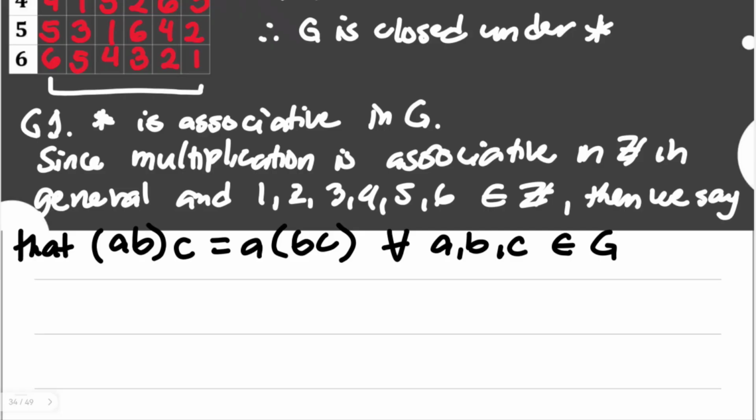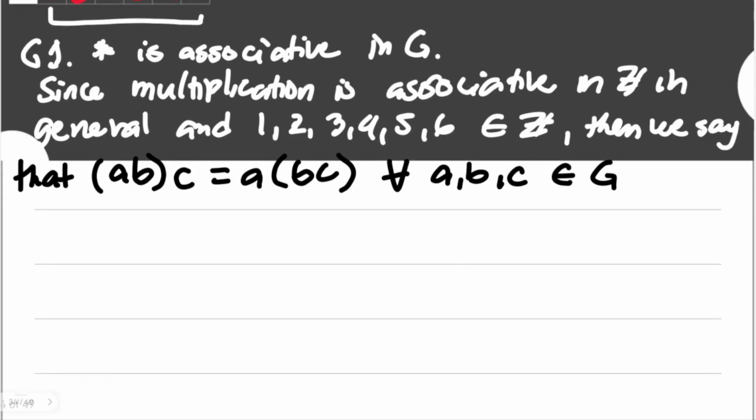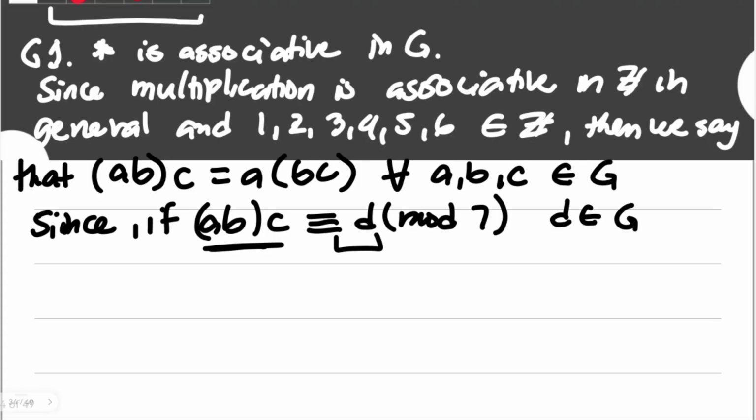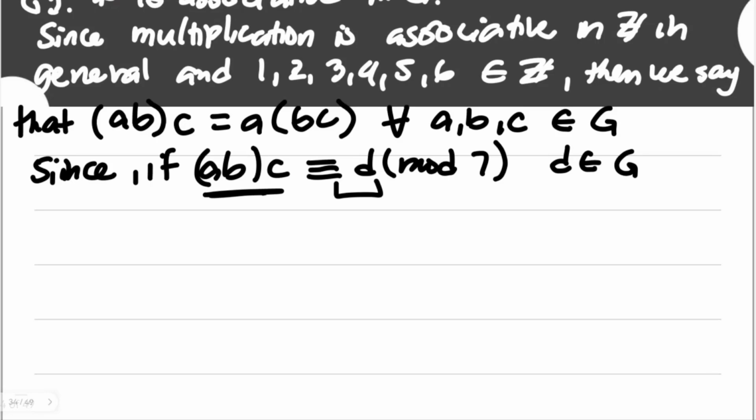So what can we draw from this, once we are sure that usual multiplication is associative, in connection to our operation in the next part? If we are going to assume that A times B times C is, say for example, congruent to D modulo 7, whatever be the result of that under modulo 7, let's say it's D modulo 7, the existence of D, and of course D is an element of G as well, based on the result of the Cayley table, they're all elements of G as well.